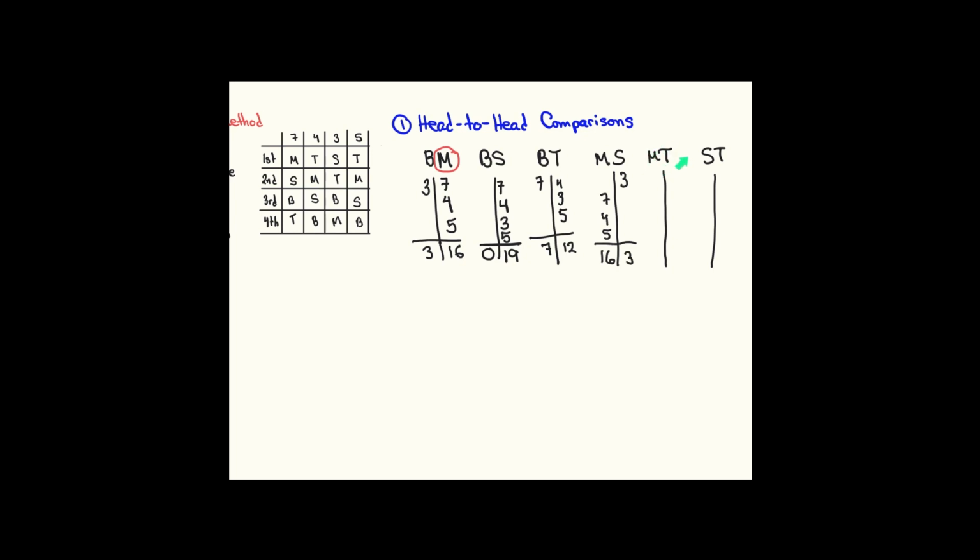Next pair, M versus T. M is highest in the first column, but then T is above M in the other columns. Therefore, M gets 7 votes from the first column and T gets 4 plus 3 plus 5. This gives 7 against 12 votes.